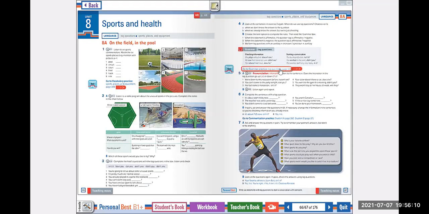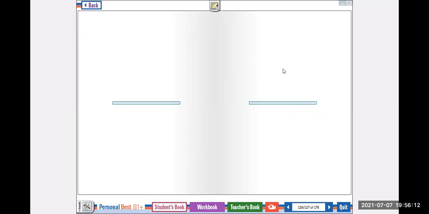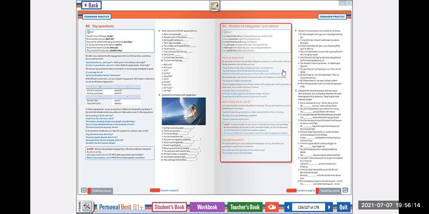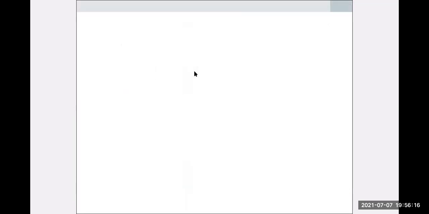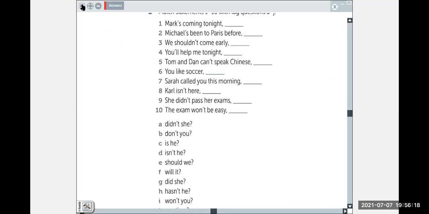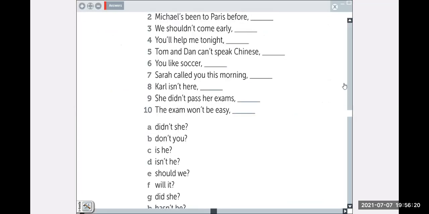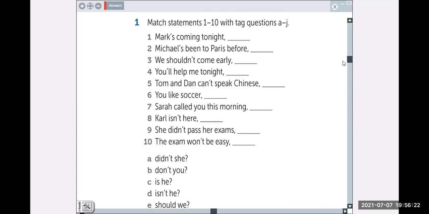Let's go to page 126. Here we have some exercises. It says, match statements 1 to 10 with tag questions A to J. Okay, Mark's coming tonight. ¿Qué podríamos decir ahí?